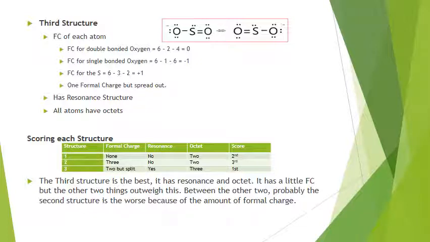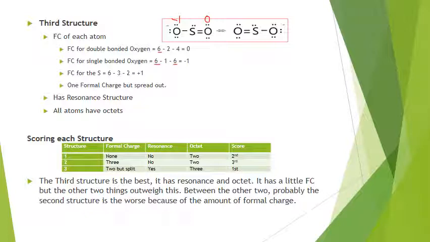So let's look at the third structure. This is the resonance structure, where you could have a double bond on either oxygen. The formal charge of the double-bonded oxygen is 6 valence electrons, subtract 2 bonds, subtract 4 dots, so 0. For the single-bonded oxygen, it's 6 valence electrons, subtract 1 dash and 6 dots, so -1.